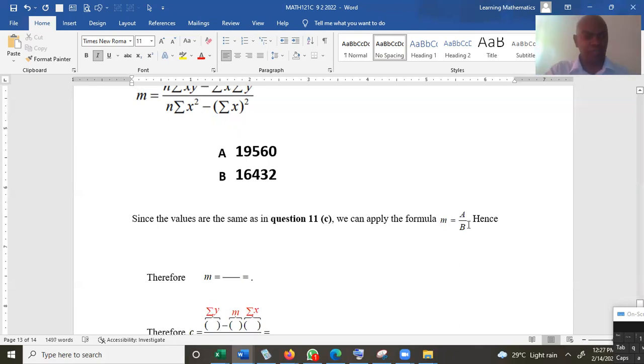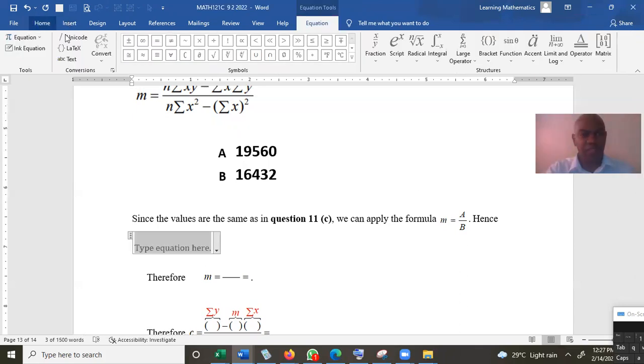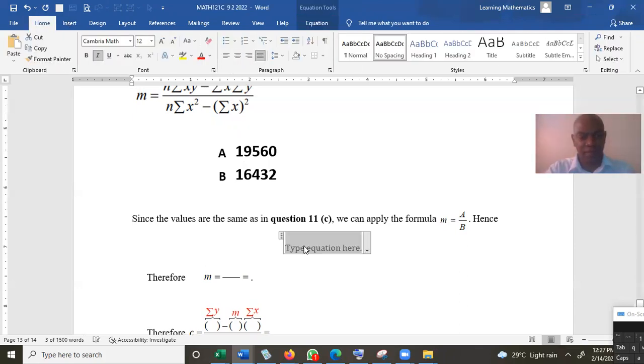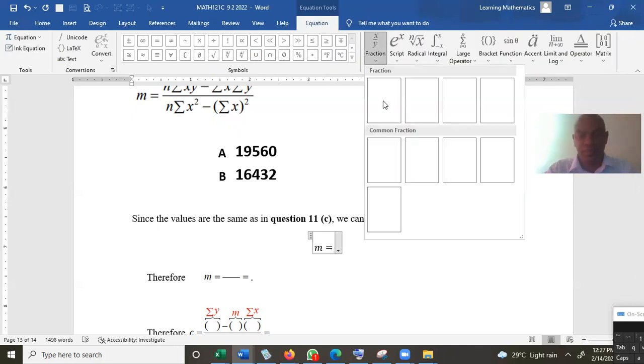So hence now, for m, let's go to insert equations and centralize this. M is equal to a fraction. Let me see if the fraction will work.